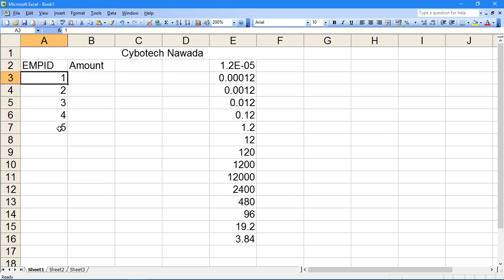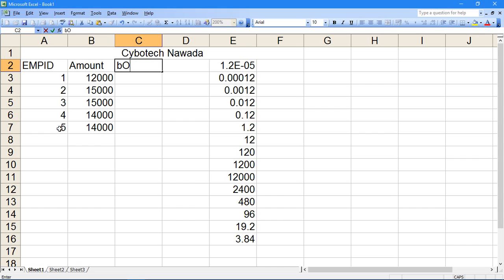There are 5 employees, they have collected some amounts. On the basis of the collected amounts, the owner will distribute the bonus. Here is the column of bonus. Now suppose the bonus is 15%.